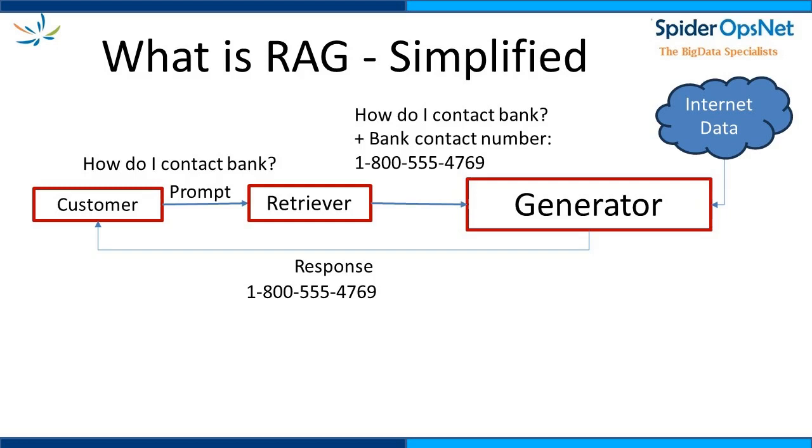With RAG, the customer asks the same question, but this time the retriever steps in. It takes the question and adds the information, the bank's customer support number as 1-800-555-4769, the correct number, and sends this enhanced prompt to the chatbot. The chatbot then returns the correct number to the customer, ensuring they get the right information and stay safe.